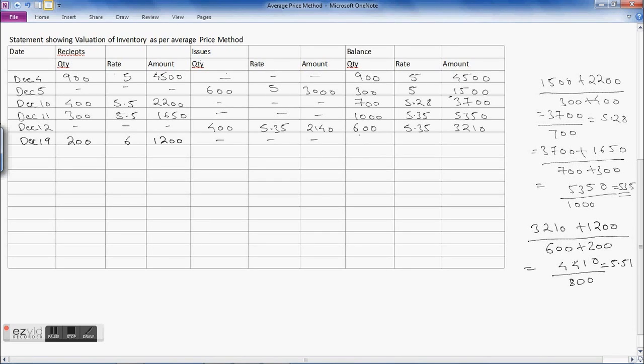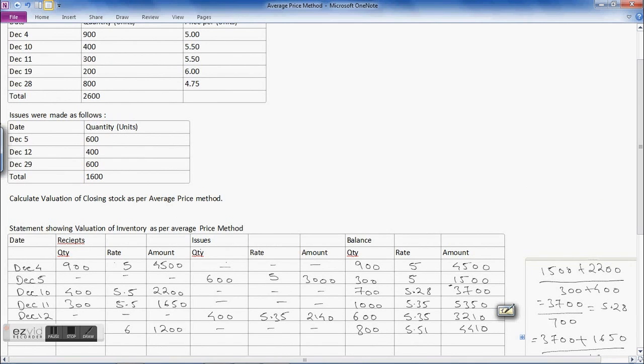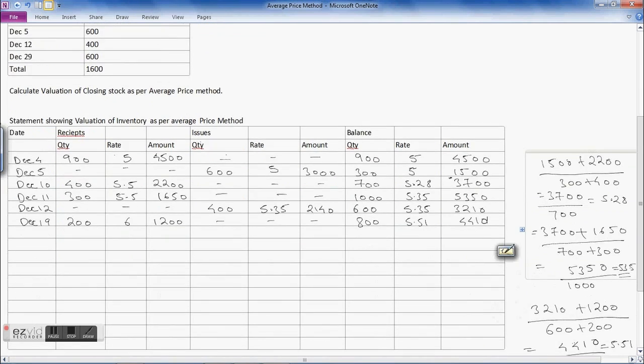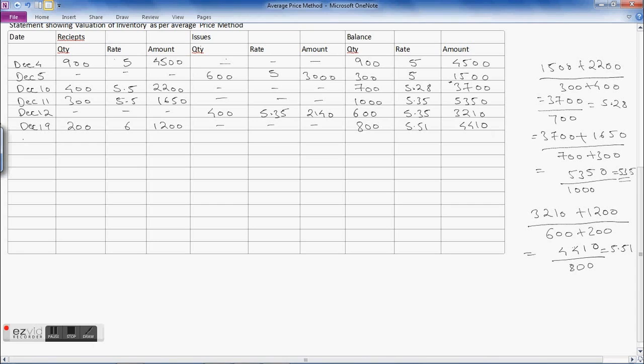800 units into 5.51. That comes to 4410. Now the next transaction is on December 28. 800 units purchased at 4.75.